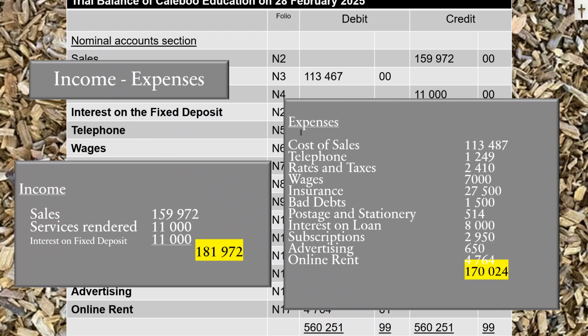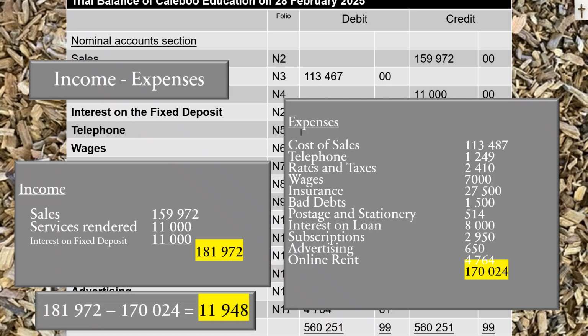So we need to find the difference between income and expenses. And there, that is the profit at the 28th of February for Calibre Education, 11,948. If you were given a full trial balance and they asked you to calculate whether there was a profit or loss, this is actually the net profit, because it's all income minus all expenses.